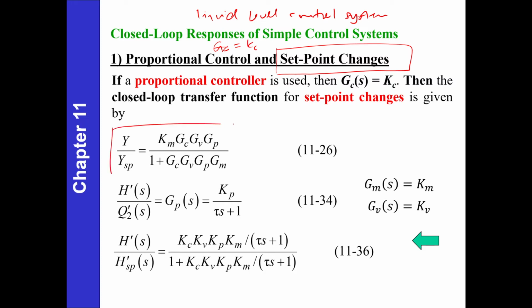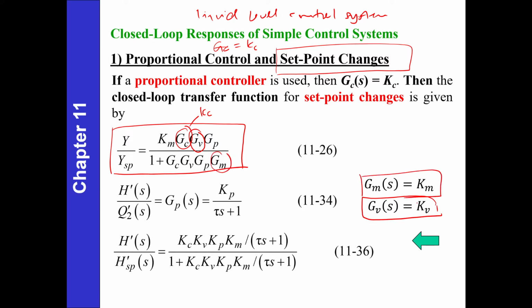So from the general closed loop transfer function that you already derived, we're going to substitute the value of GC with KC. GV is equal to KV. GM is equal to KM.